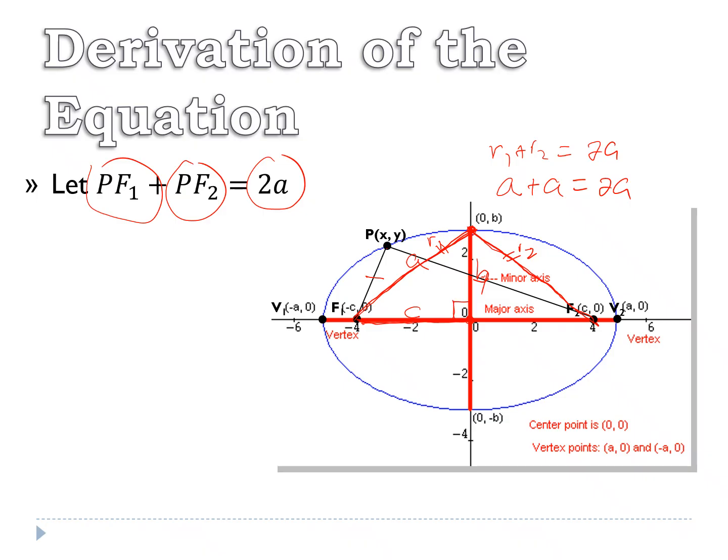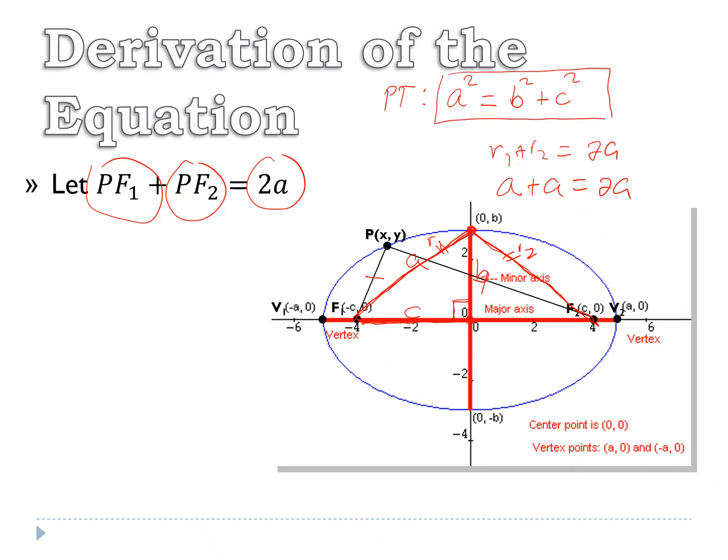We form a right triangle here. So considering this right triangle, by the Pythagorean theorem, we get this relation: the square of the hypotenuse equals the sum of the squares of the two legs. The legs are b, so b squared, plus the other leg c, c squared. So this is from the Pythagorean theorem.